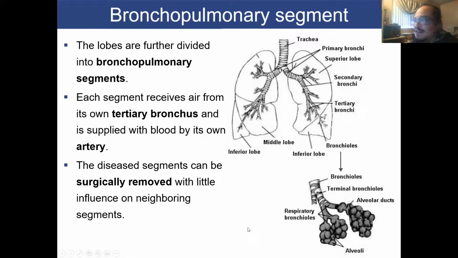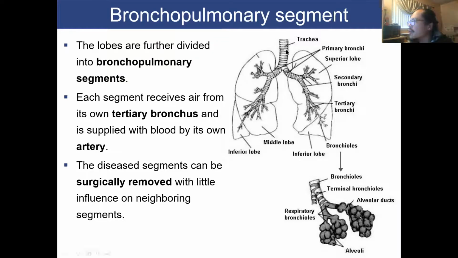Lung can also be separated, divided into different segments. Each unit of this segment is based on the segmental bronchi. Segmental bronchi is the tertiary bronchus.